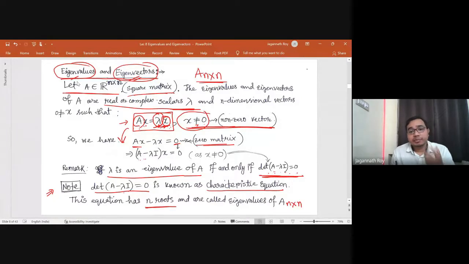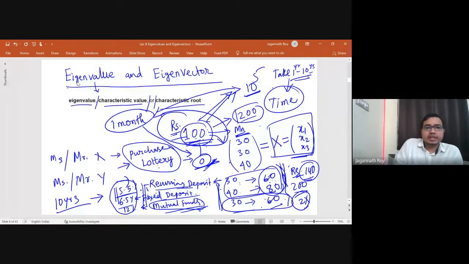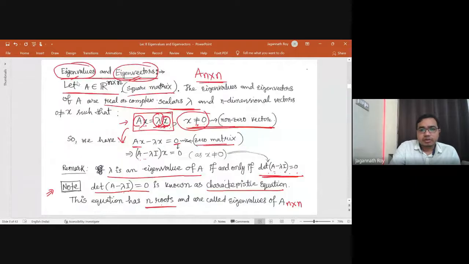Whether they are similar or different, that is a different matter, but it will have at most n roots. These eigenvalues are called characteristic values because they are derived from the characteristic equation. That is why we call them characteristic values or characteristic roots.